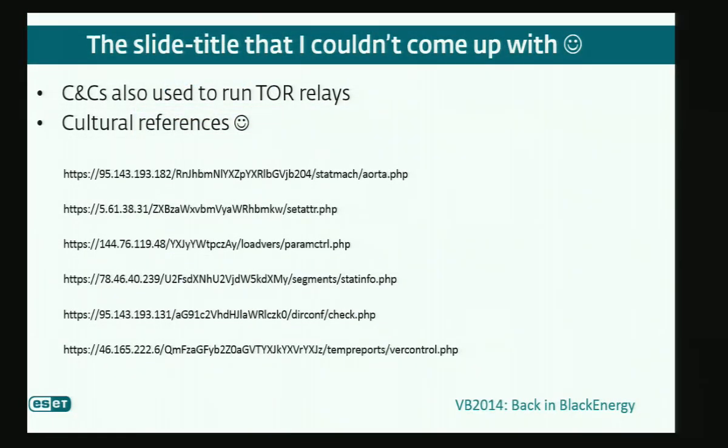So, coming to the end of my presentation, a couple of interesting facts and Easter eggs. Some of the C&Cs used by BlackEnergy were also being used to run Tor relays at some point in time. We also noticed an interesting cultural reference. This is a selection of some of the BlackEnergy C2 server addresses.